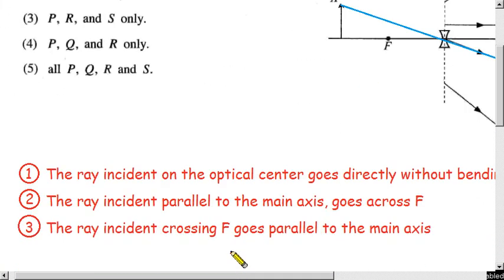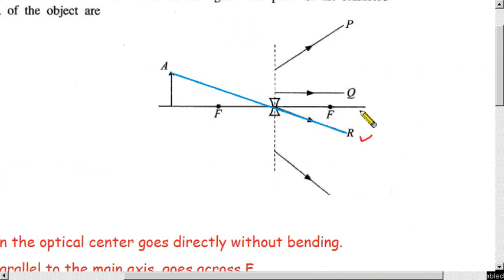Then the second rule: the ray incident parallel to the main axis goes across F. So the ray incident parallel to the main axis, this one is the main axis.